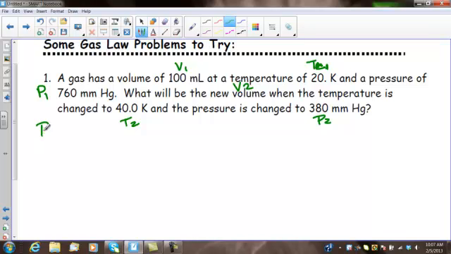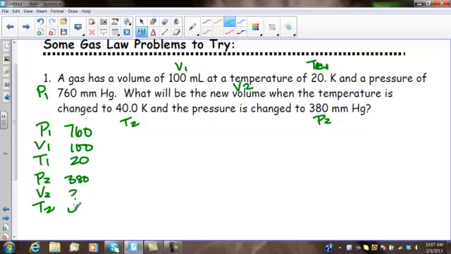Write down what I know: P1, V1, T1, P2, V2, T2. Jot it all down: 760, 100, 20, 380, I don't know, and 40.